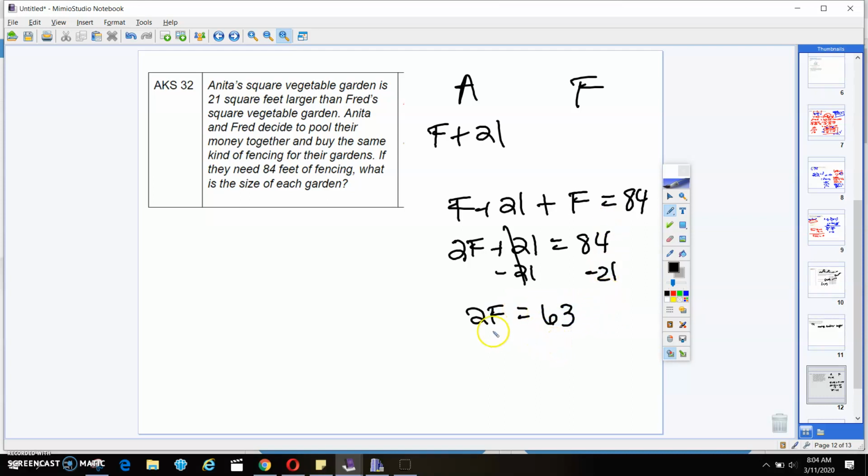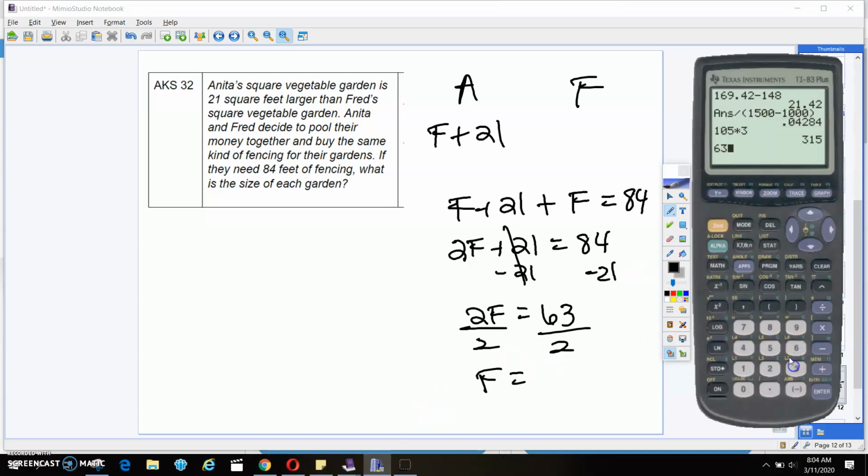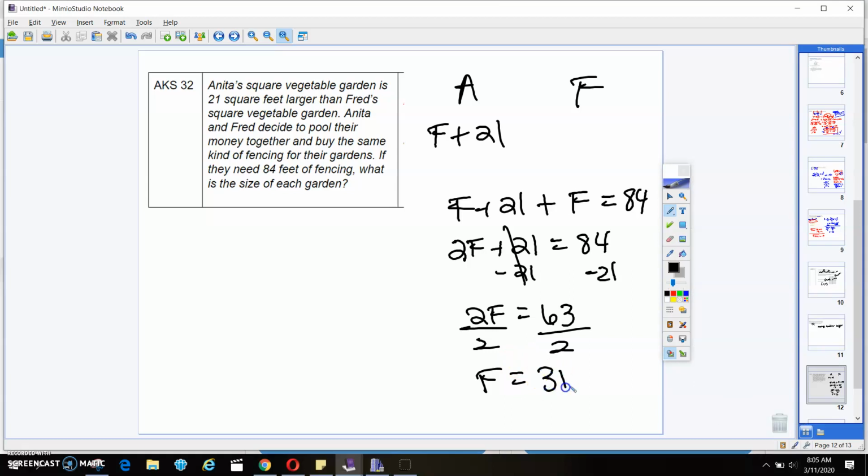I'm going to divide by 2 on both sides. So Fred's garden is going to be 63 divided by 2, 31.5, right? Yep. So Anita is going to have 21 plus 31.5, which is going to give me 52.5.